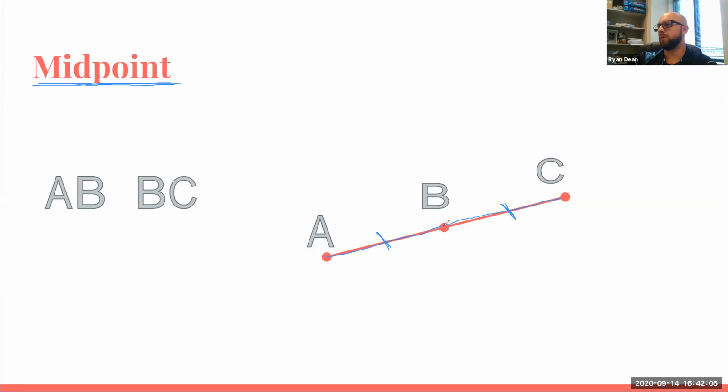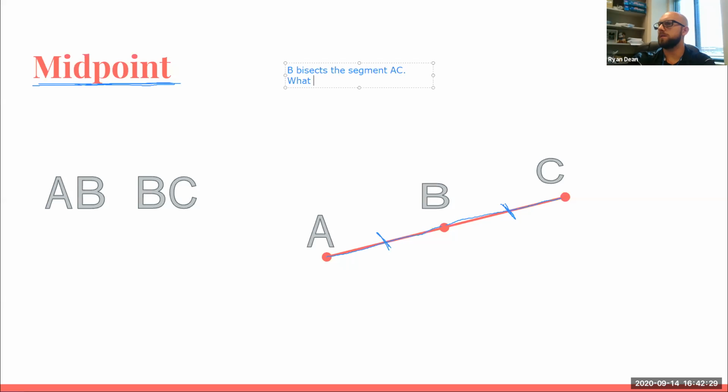So point B bisects this longer segment, which is called AC. So we're going to write that up here at the top. Point B bisects the segment AC.